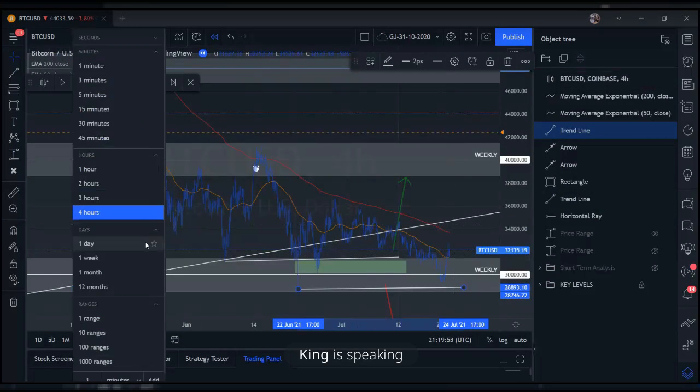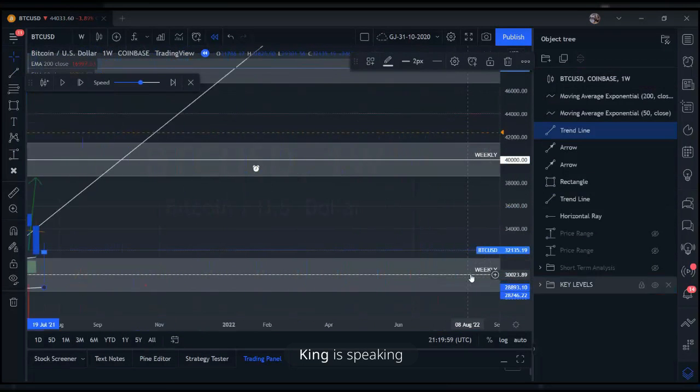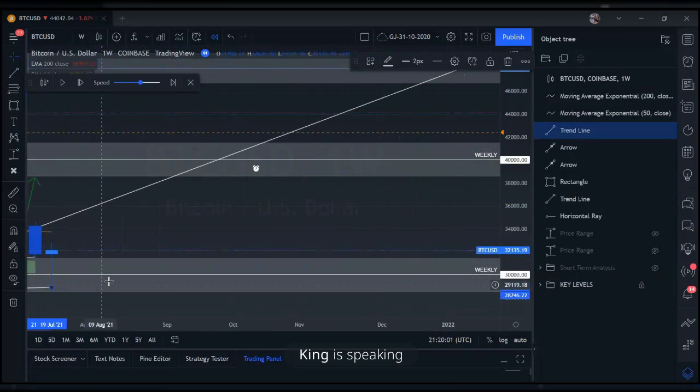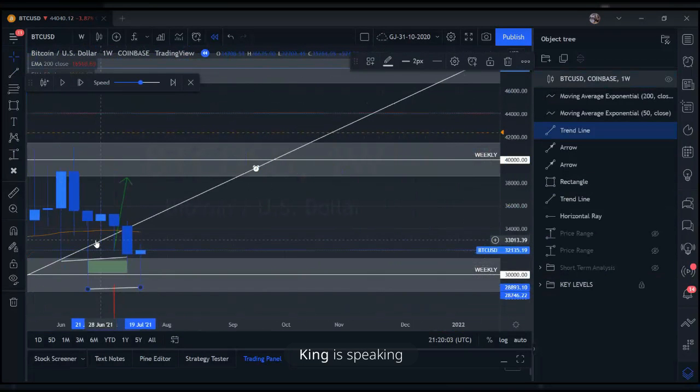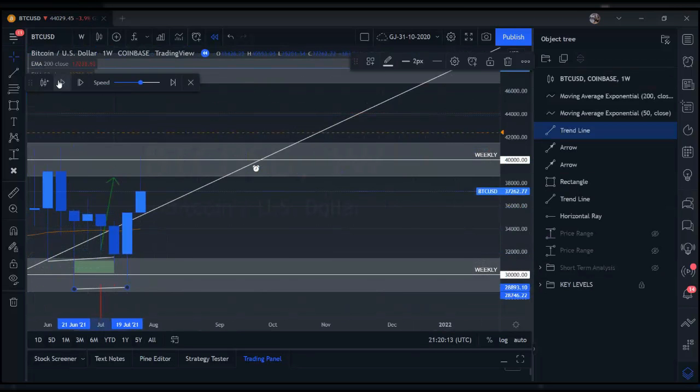If we look back on a weekly time frame, let's see what that week looks like. Okay, so what we're seeing here, price coming to this level, and let's see how this week ends. Oh wow.